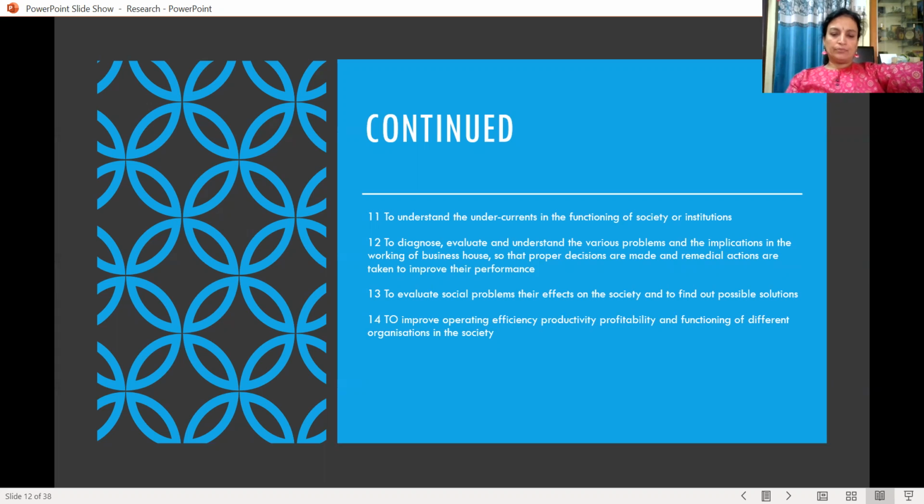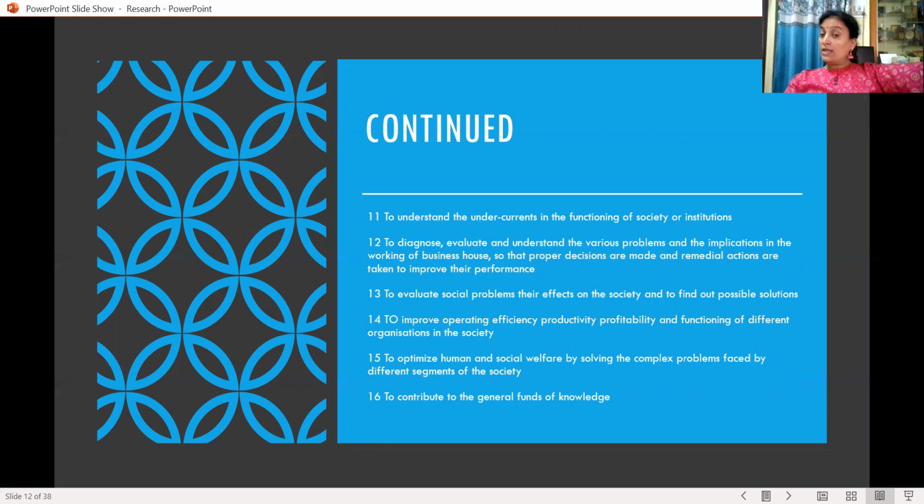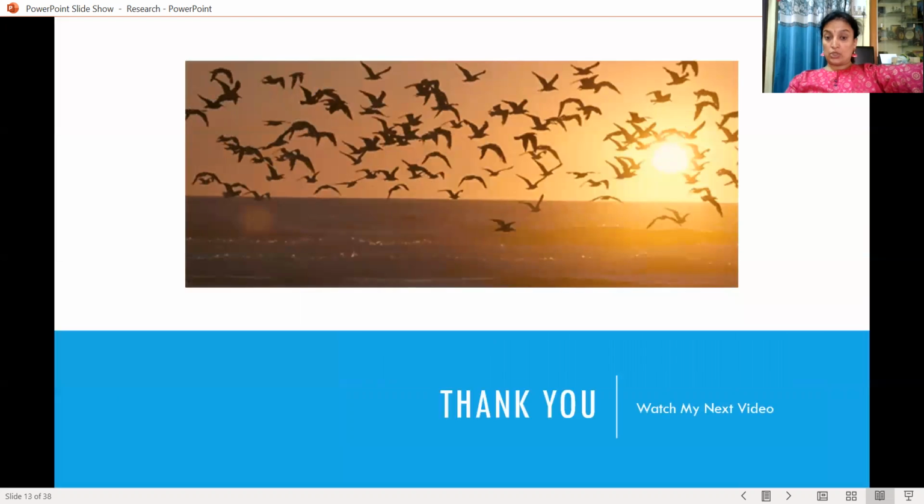To improve operating efficiency, particularly profitability and functioning of different organization in the society. To optimize human and social welfare by solving the complex problems faced by different segments of the society. To contribute to the general funds of the knowledge. These are the objectives why we undertake the research.